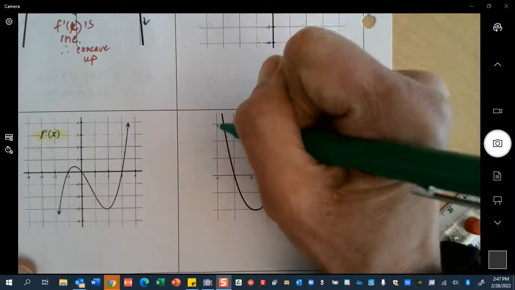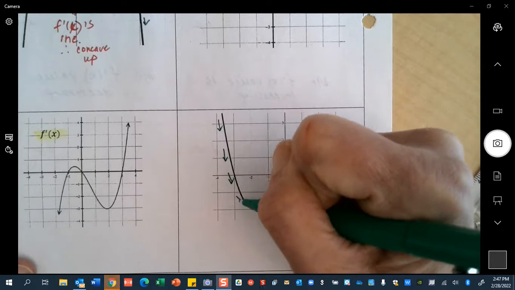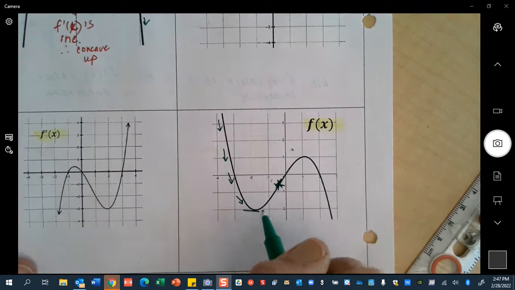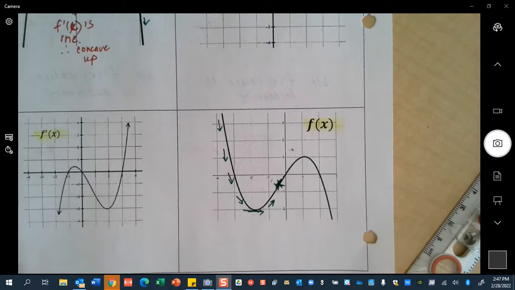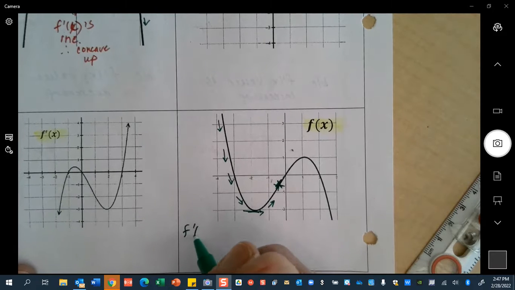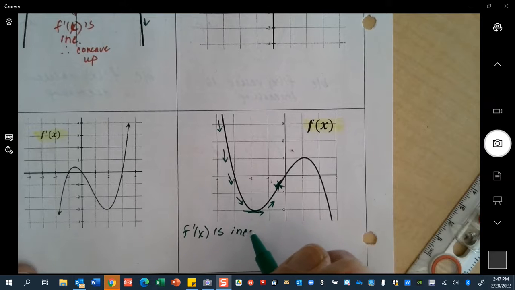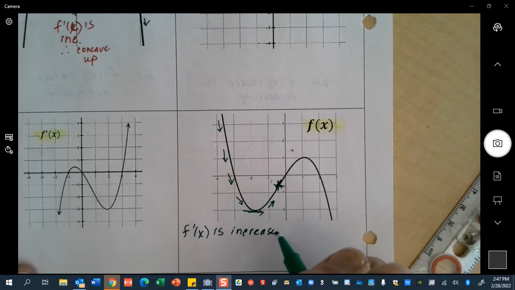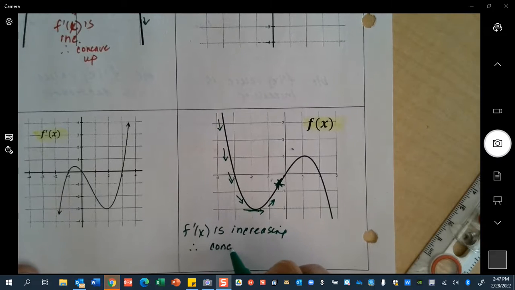What's happening? Tangent line, tangent line, tangent line. Pretty flat, 0, getting bigger. The graph of f of x is, what is it, increasing or decreasing? It's increasing, therefore, what is it?